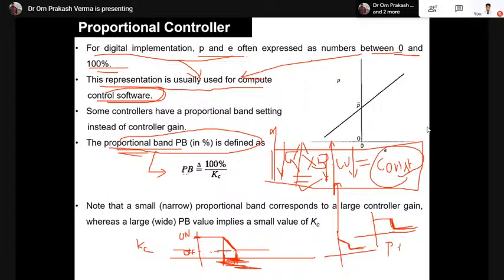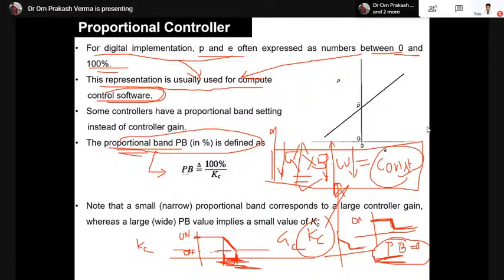When the proportional band becomes zero, or the value is very low or narrow. It means at that value the gain Kc is very, very high. So at a very high value of Kc, the proportional band becomes very narrow, almost zero, and the response looks like an on off controller.